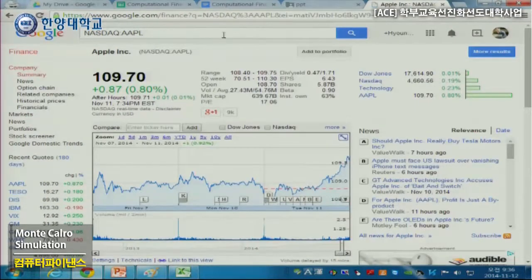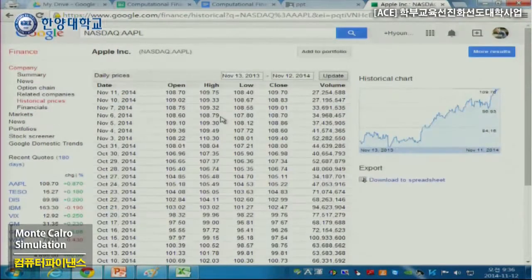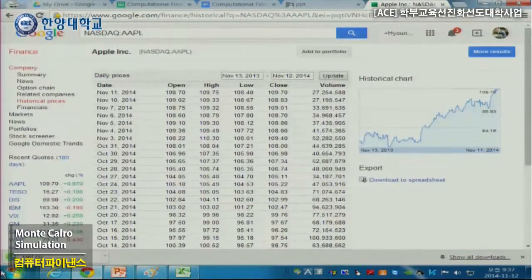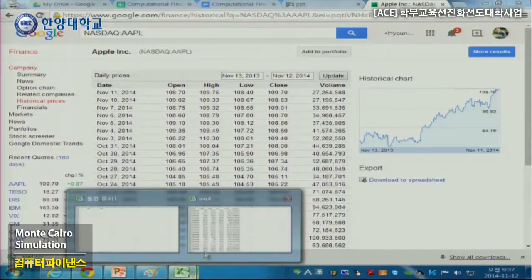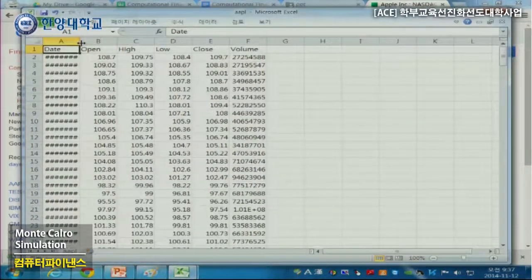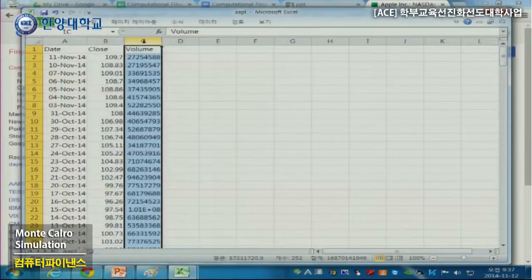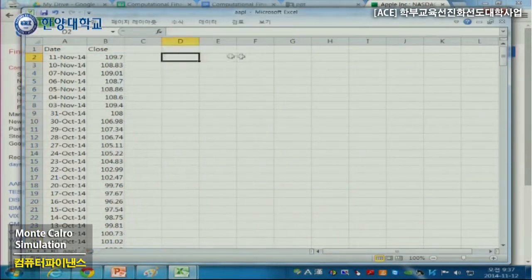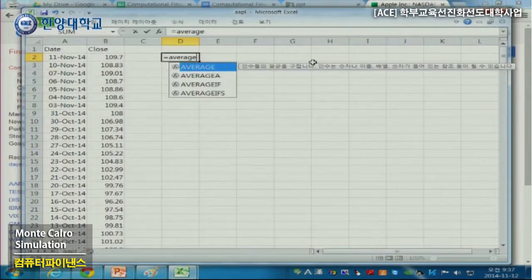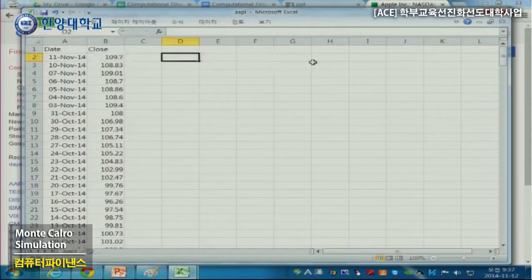Okay. Let's download the Apple stock price. So the historical stock price is downloaded to a spreadsheet. So we downloaded Apple, and then we don't need this part, and we don't need this part. So let's calculate return.